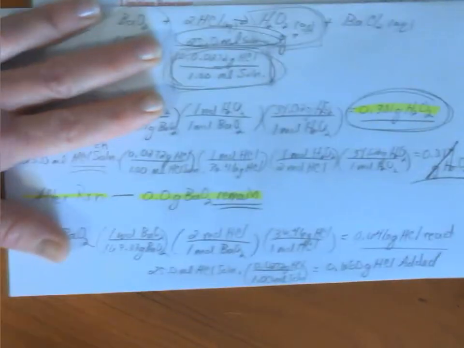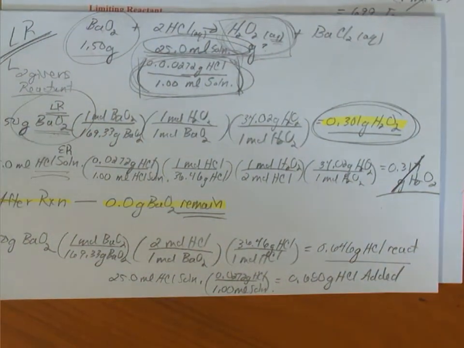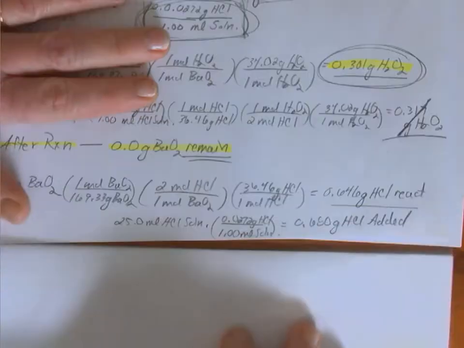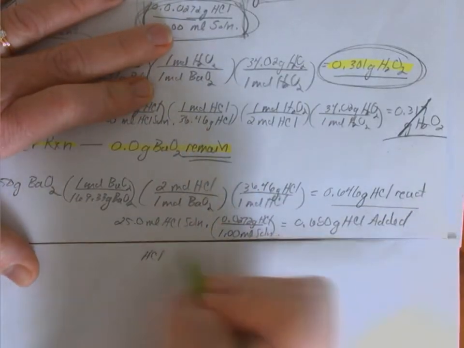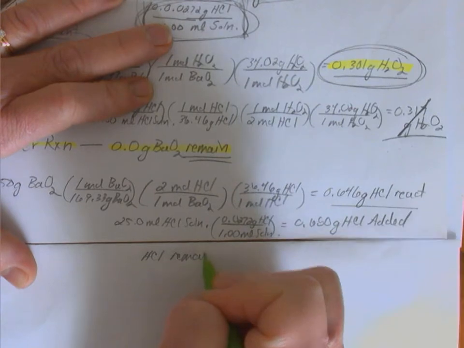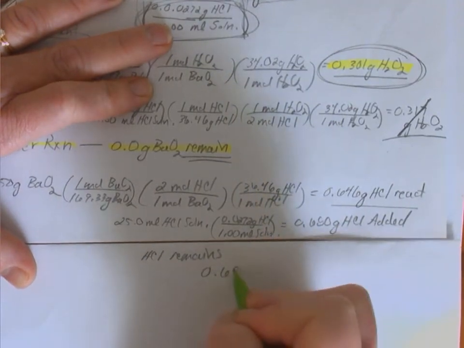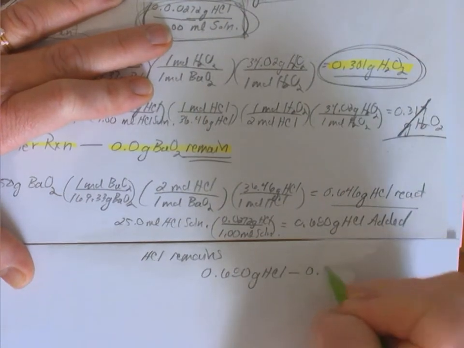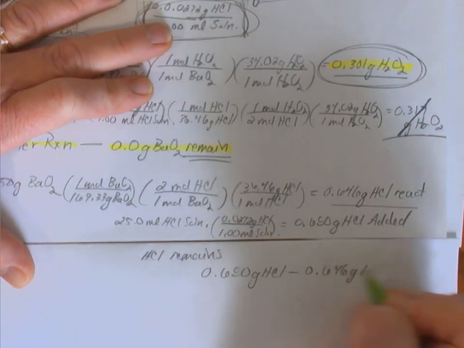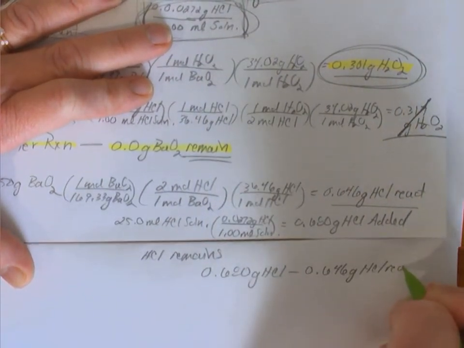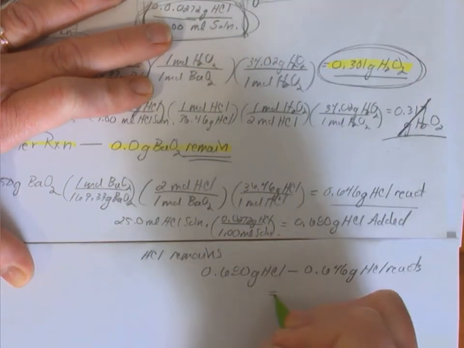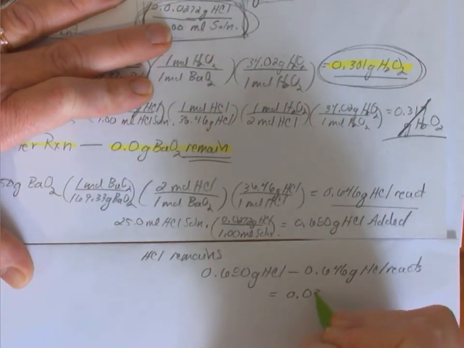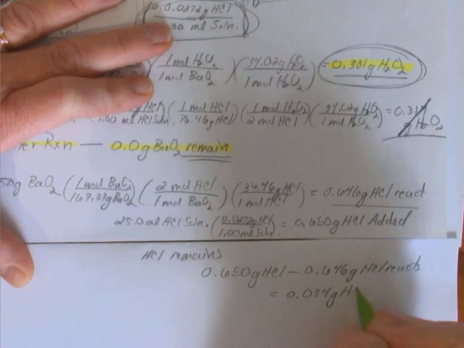And so to get the amount that remains, I take what I put in, 0.680, subtract what the Stoich tells me I will react, and I have how much remains, 0.034 grams of HCl remain.